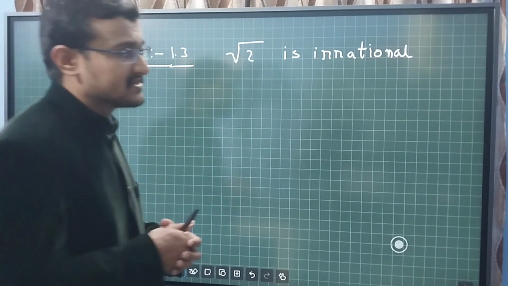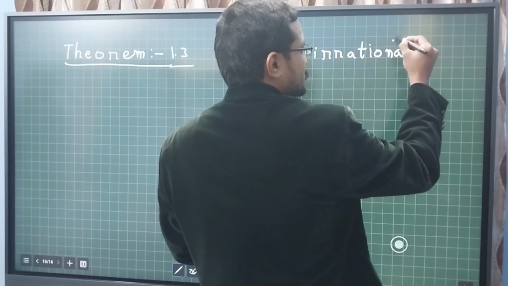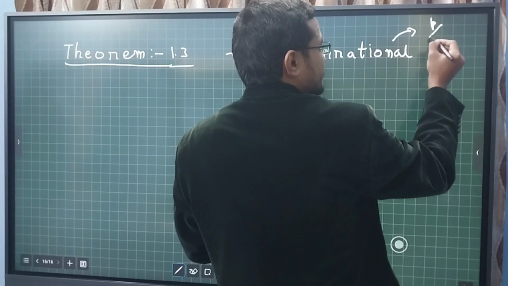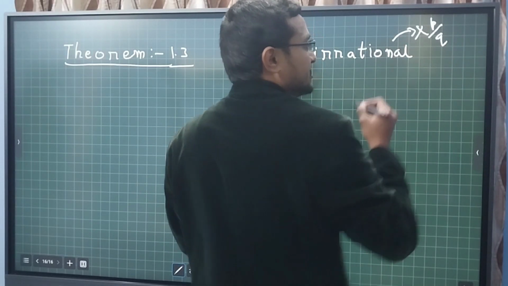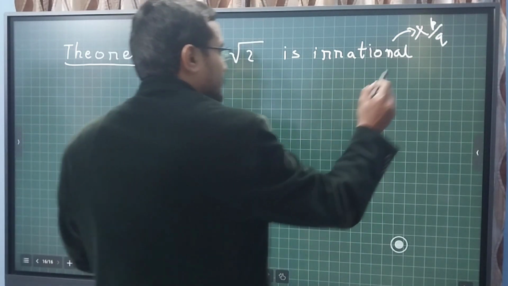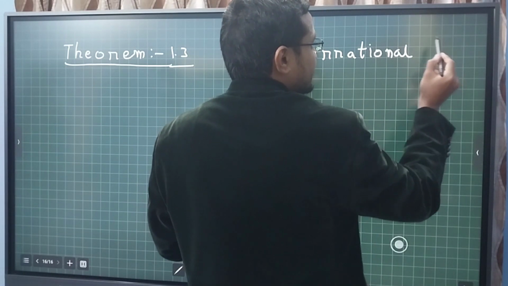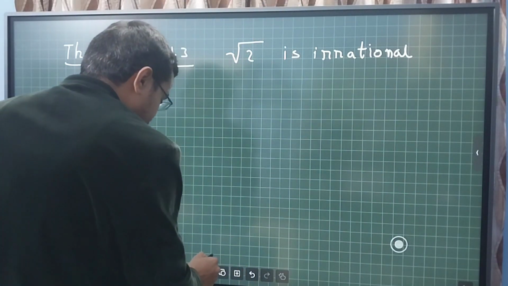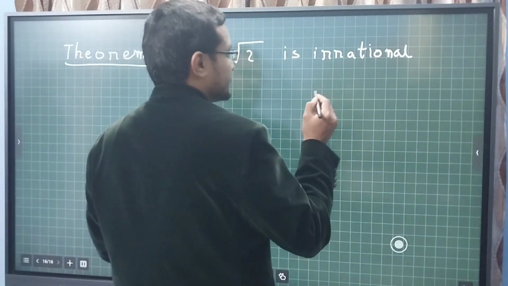So what do you mean by an irrational number? Irrational numbers are those numbers which cannot be expressed in the form of P by Q, because if I express in the form of P by Q, you have to get a rational number as the answer.